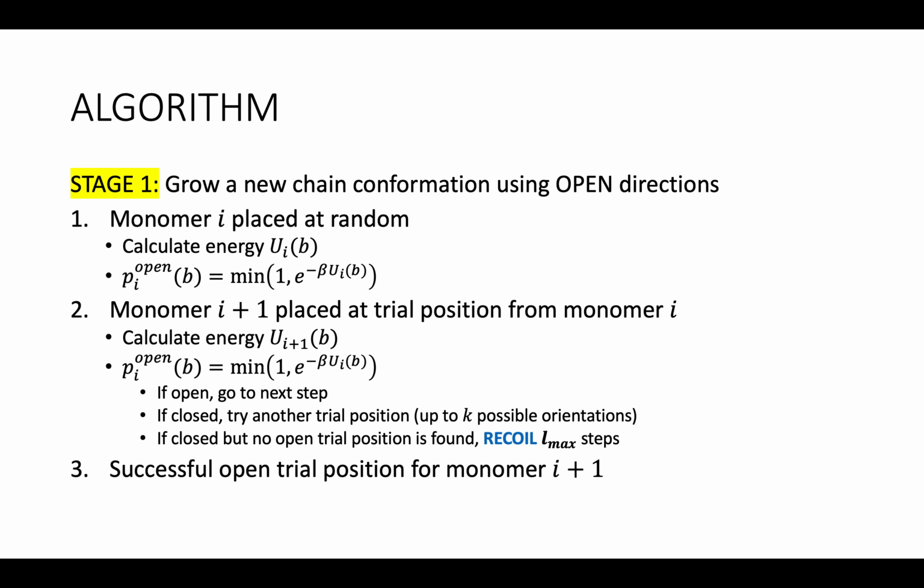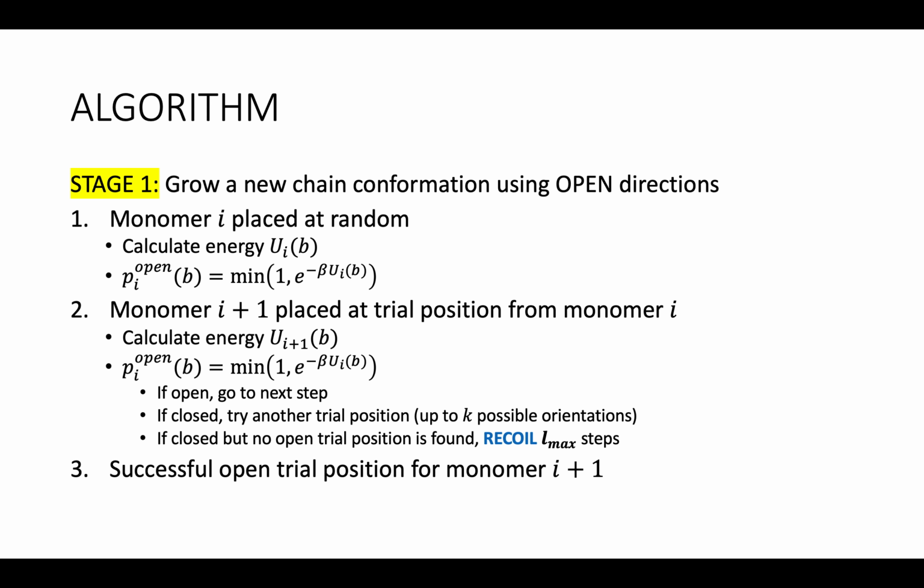So for stage 1, each time that we place a monomer, we will always be computing its energy and its probability of being open. And if it turns out to be an open position, well, that's perfect. We just go to the next monomer, even if we don't check the other K minus 1 possible configurations.